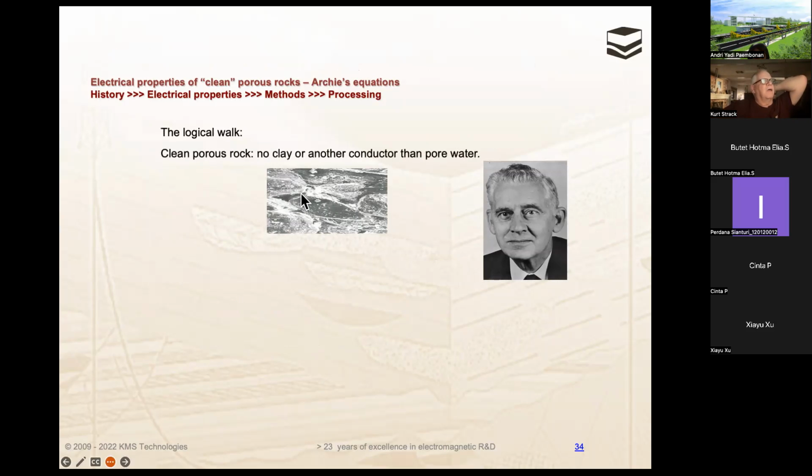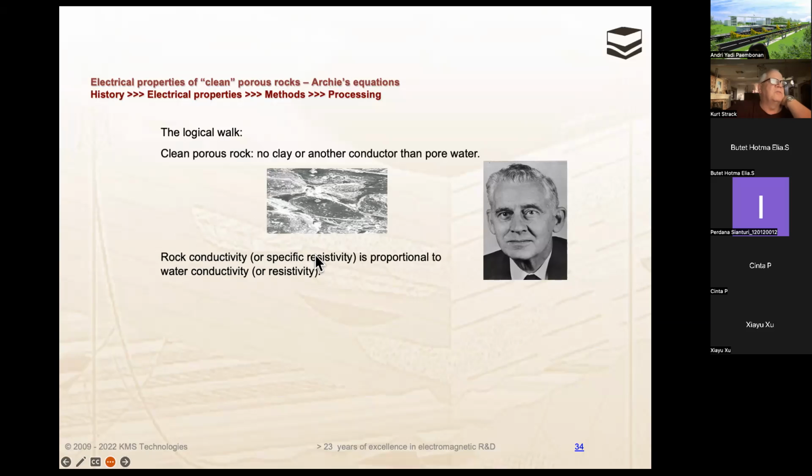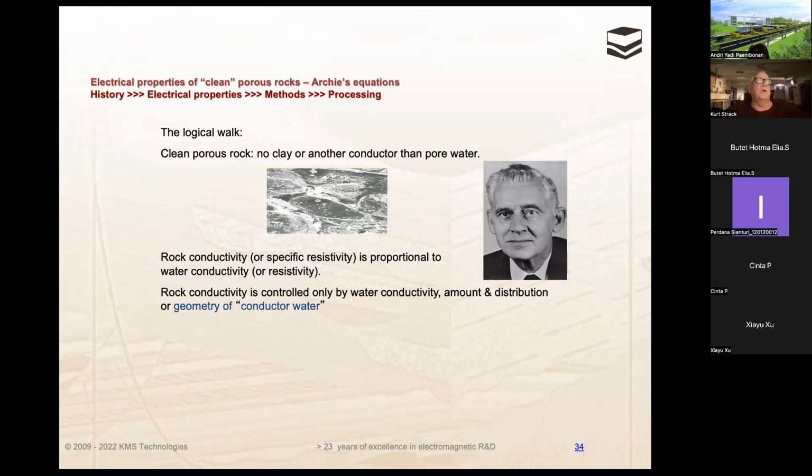And then the logic is that in a clean porous rock, with no clay or any other conductors than pore water, the rock conductivity or specific resistivity is directly proportional to the conductivity of the rock or the resistivity. The rock conductivity is only controlled by the water conductivity, and thus the water is called conductor water.